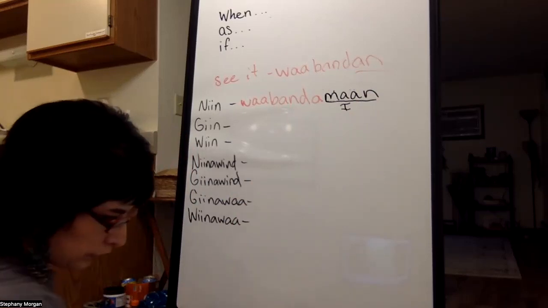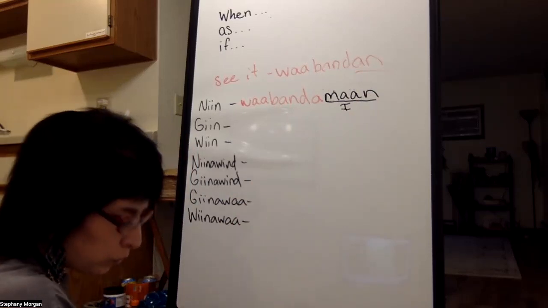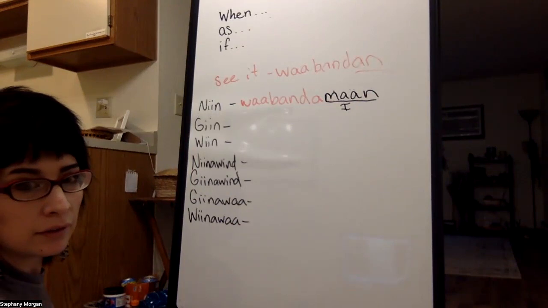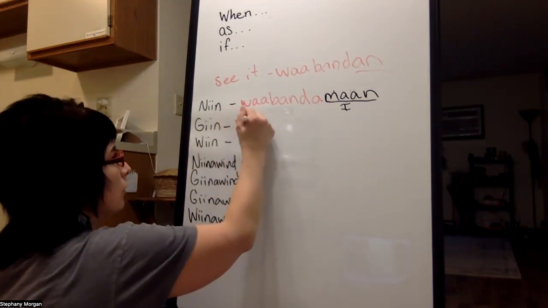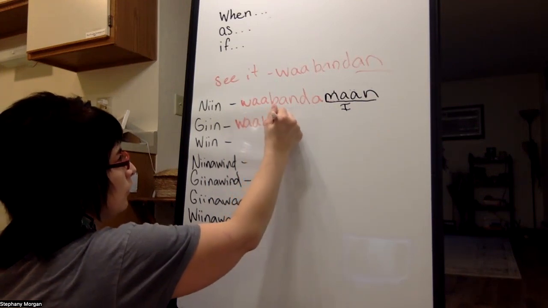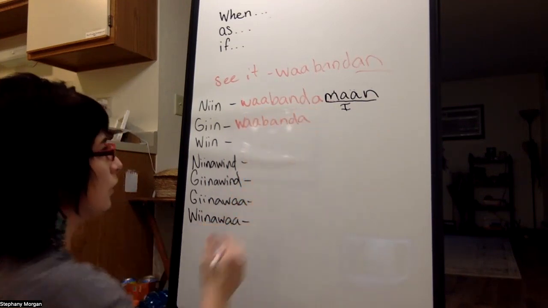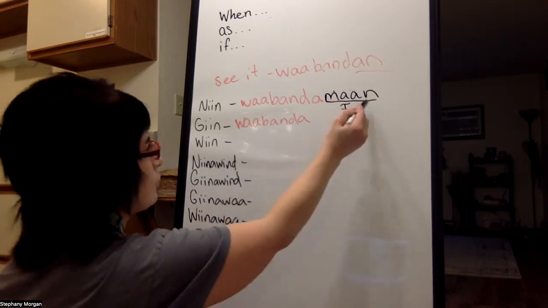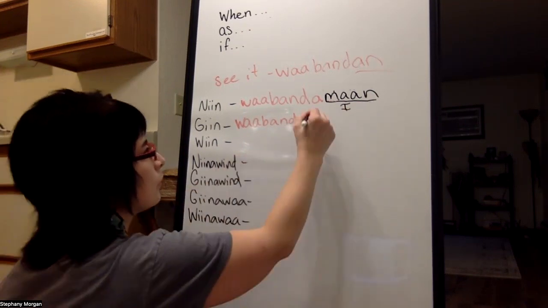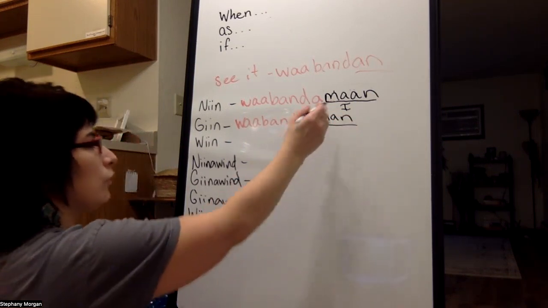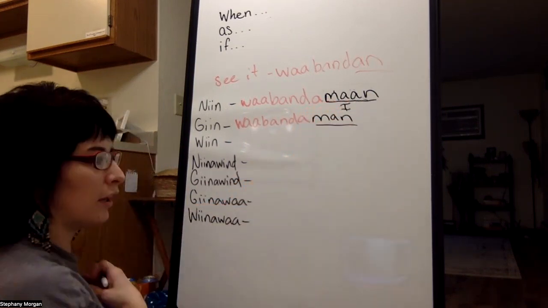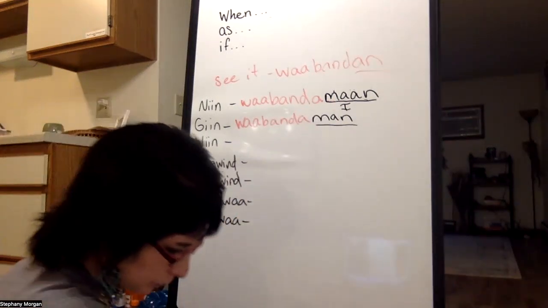If you want to say when you see it, when geen sees it, it's very similar, but now this just shortens from man to mun. So with the two A's, the longer form is I, the shorter form is you.